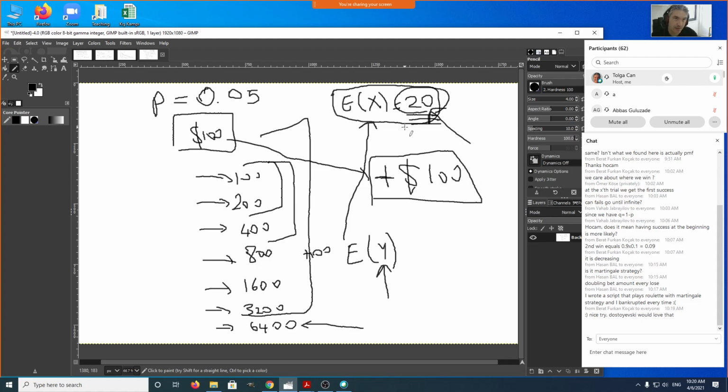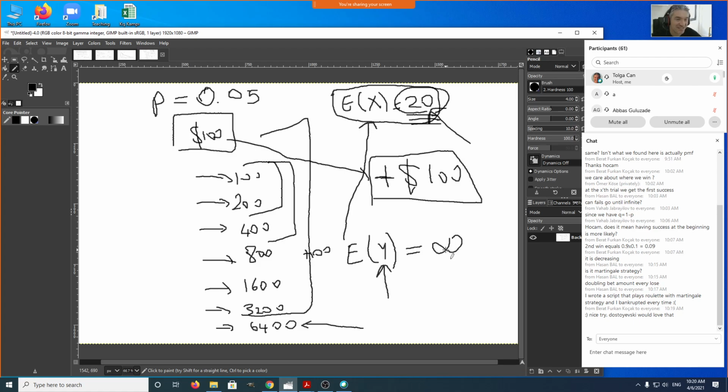It's not the number of trials, but with this strategy, we are now defining a new random variable Y, which is the amount of money that we have to bet until the first win. The expected value of this random variable is infinite.